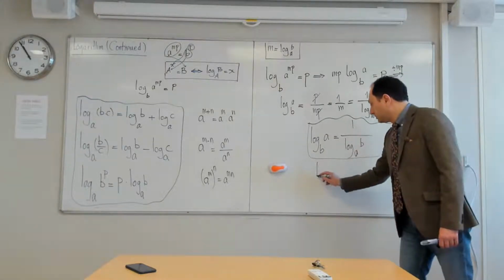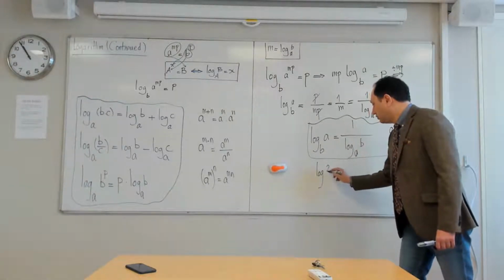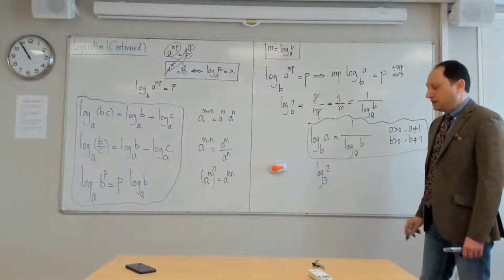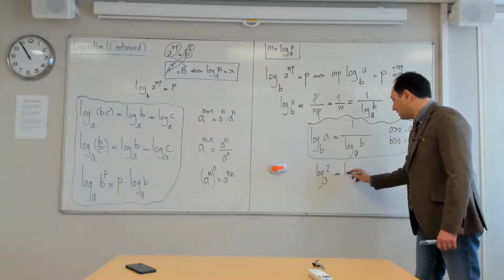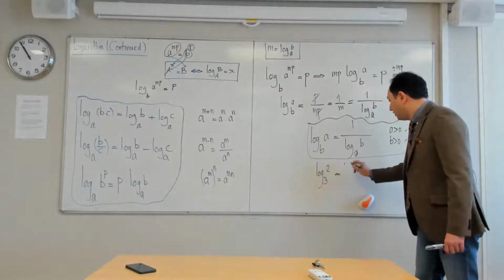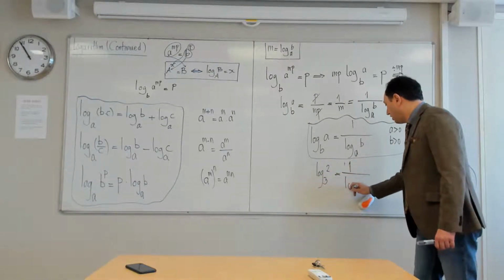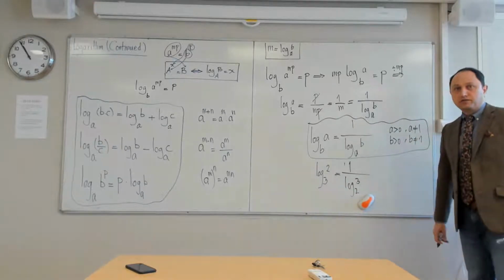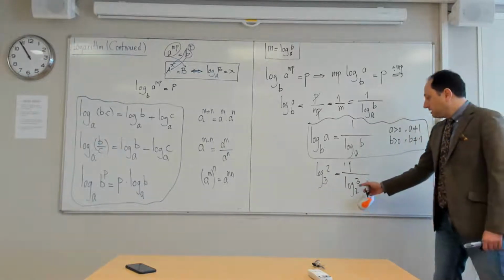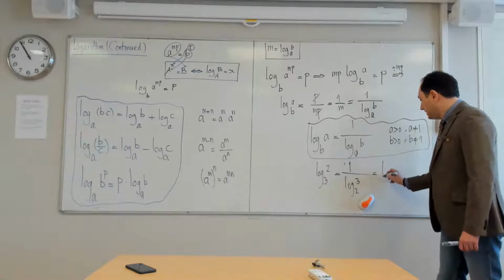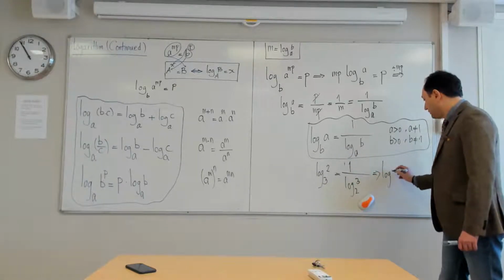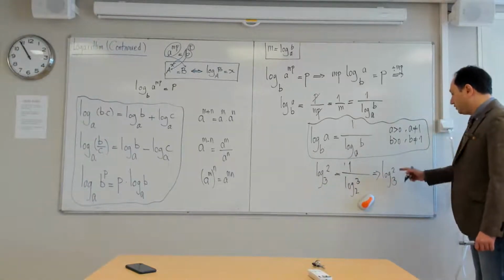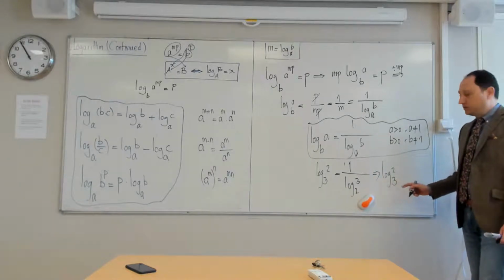So for example, the log of 2 in base 3 is equal to 1 over the log of 3 in base 2. It's a very nice formula. And let me multiply this. This means that the log of 2 in base 3, if you ask me what the number is, I don't know.